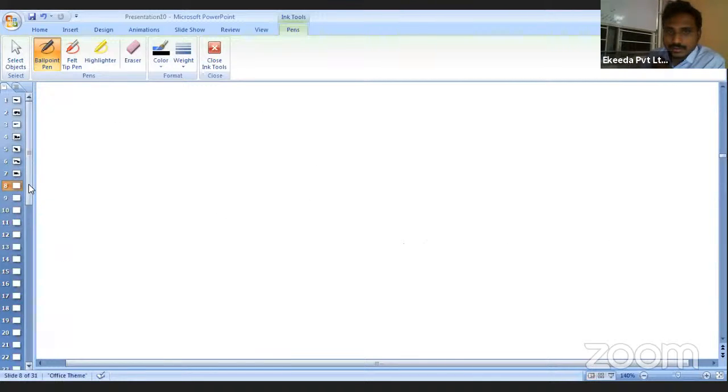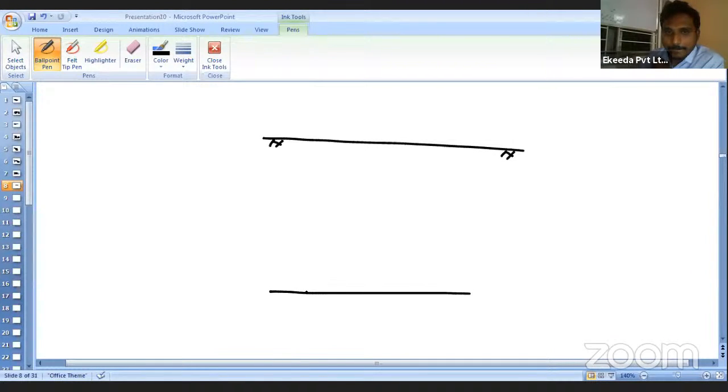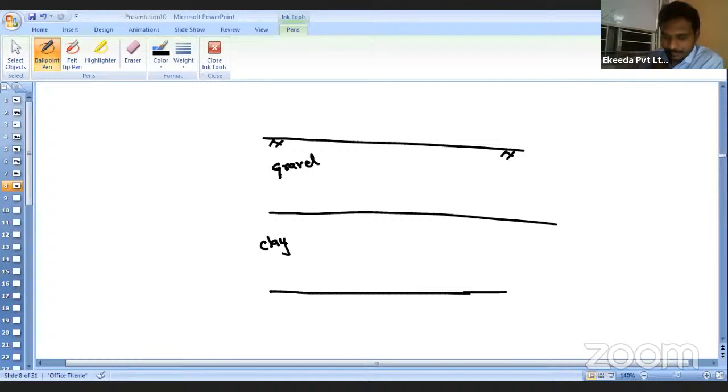Let us say that there is a soil deposit, a composite soil deposit. Here we have some gravel, and here we have some clay material. Now let us say I want to construct some structure on the soil deposit.